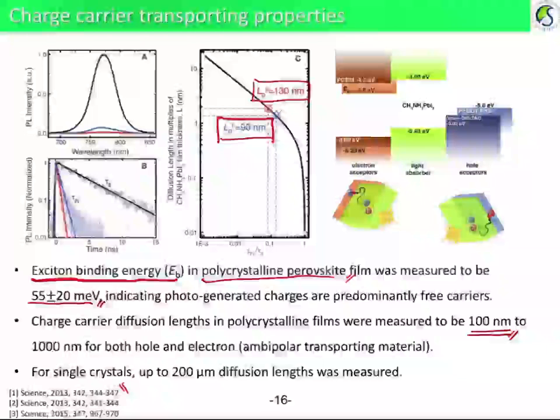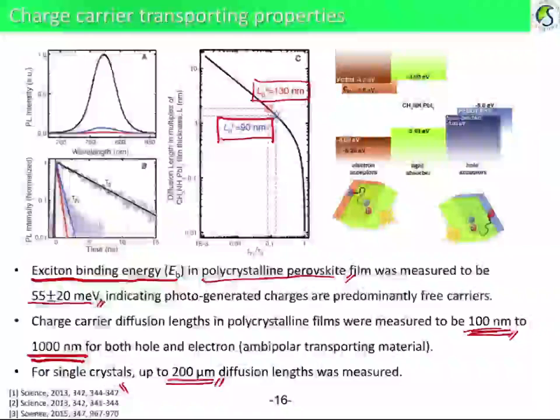And the charge carrier diffusion length was measured to be 100 to 1000 nanometers, depending on the composition of the material. And even for the single crystal, a diffusion length as high as 200 micrometers was measured.